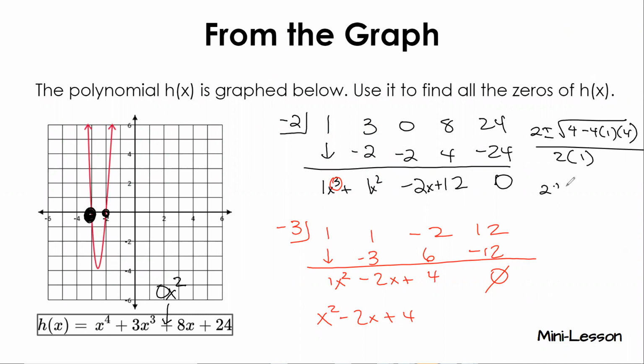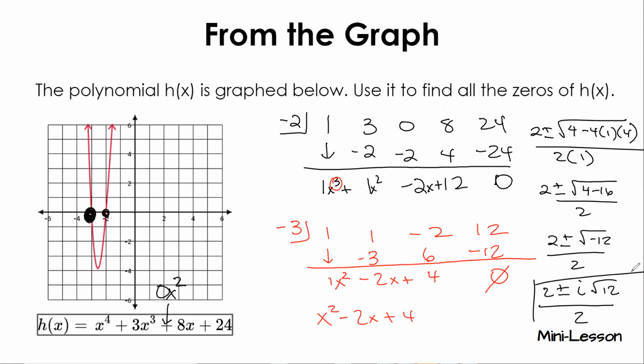So this will simplify to 2 plus or minus the square root of 4 minus 16, over 2. This will simplify down to 2 plus or minus the square root of -12 divided by 2, which will simplify down to 2 plus or minus i square root of 12 divided by 2. Now you could simplify this a little bit more, but we're just going to leave it right here.